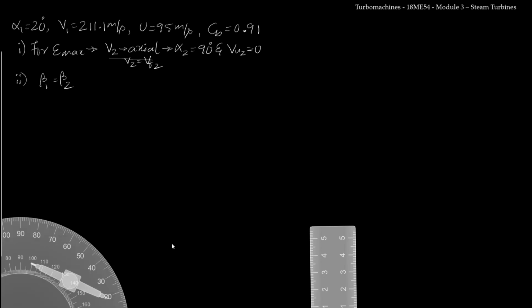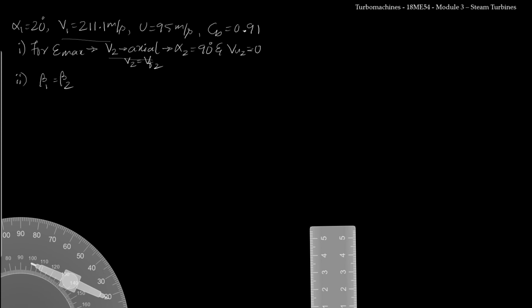So I will start with writing U. Now we need to choose a suitable scale, and always V1 will be the longest side in the case of an impulse turbine, whether it is a steam turbine or a hydraulic turbine or a gas turbine. If it is an impulse turbine, V1 will be the longest side, and we will keep that length to approximately 10 centimeter.